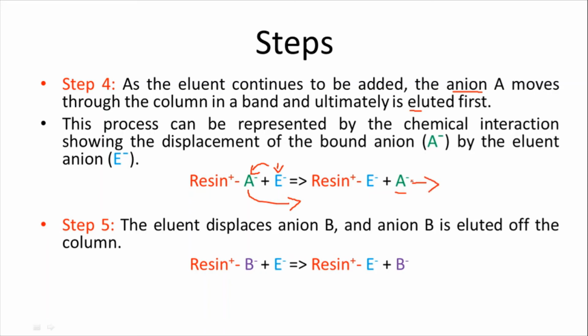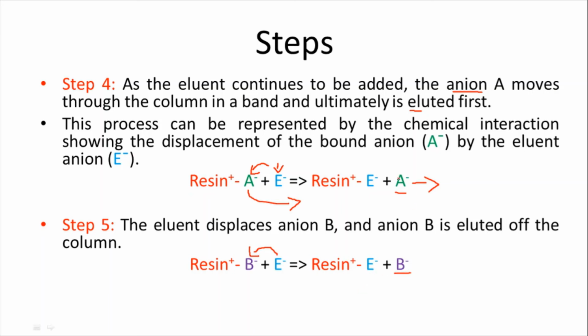Followed by addition of eluent with different pH, greater than the anionic charge of sample B. At that time, this highly anionic charge of the eluent replaces sample molecule B, and sample molecule B can elute.